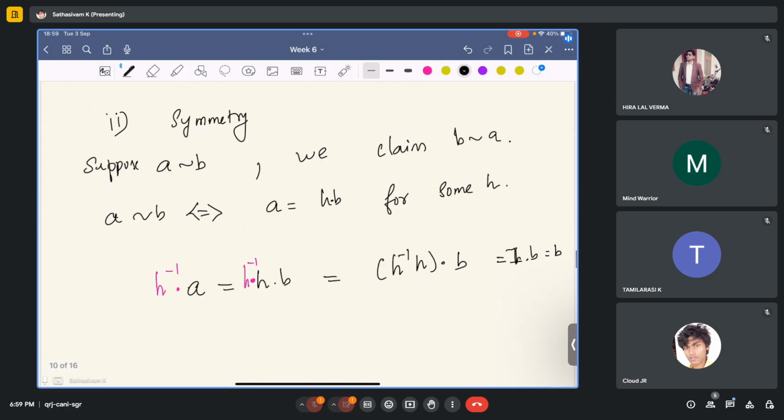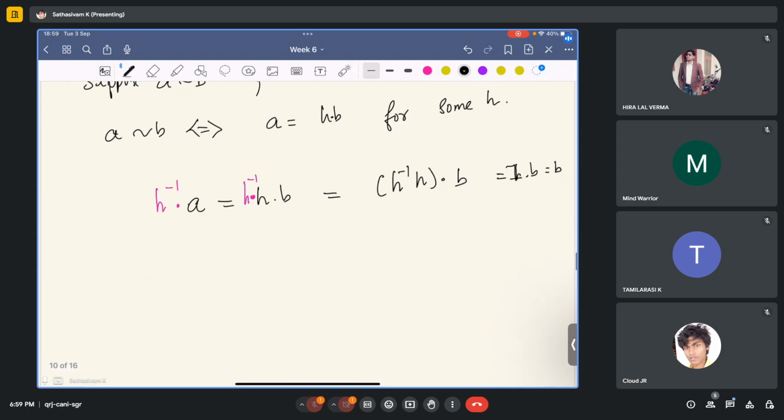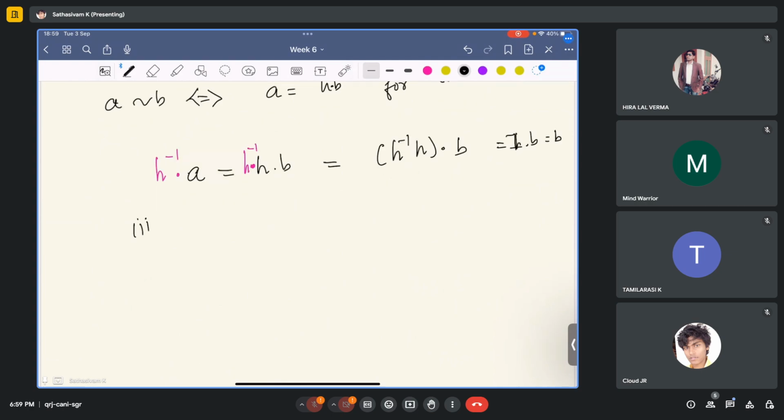Okay, so we have proved the symmetry. Let's prove the transitivity. A is related to B and B is related to C. We need to prove that A is related to C, right?